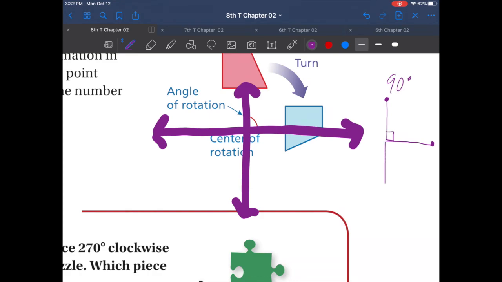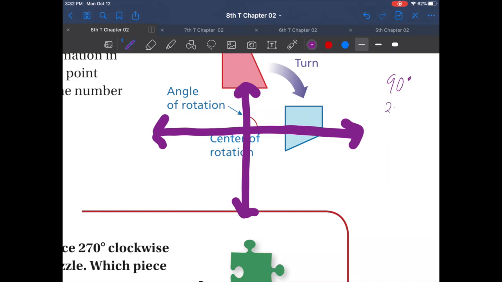From 90 degrees, it will be 180 degrees. From 180 degrees, it would be 270 degrees. And then if you come full circle again, it would be 360 degrees. But you won't see stuff like that because that doesn't make sense. If you do 360 degrees, it's right where you started from. So you only see three of them.